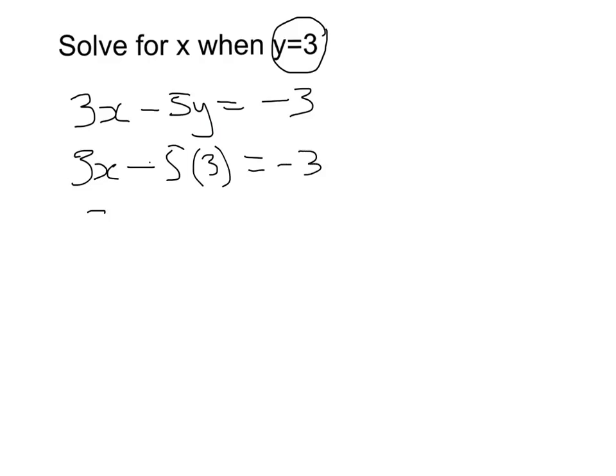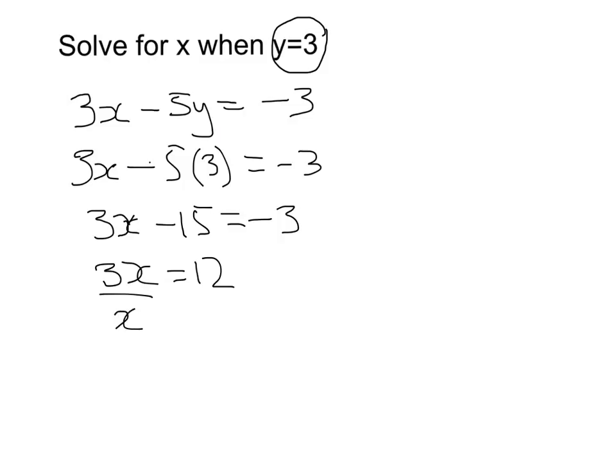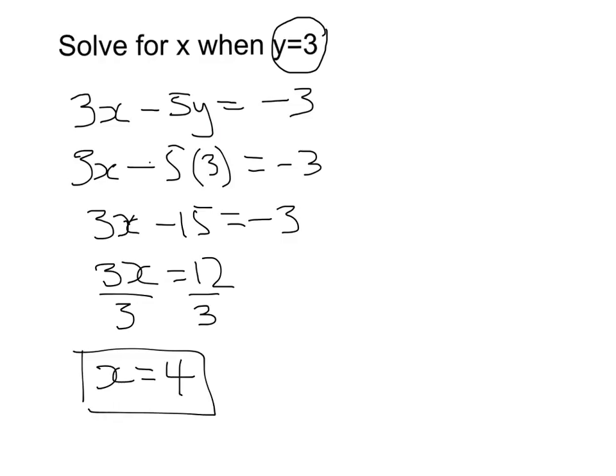And now I just do my math. 3x minus 15 is equal to negative 3. Move it over, we get 3x is equal to 12, and then, sorry, not divided by x, tricked you, divide both sides by 3, and x is equal to 4. Please make sure you box your answers, that way I can see it. So that was very simple.